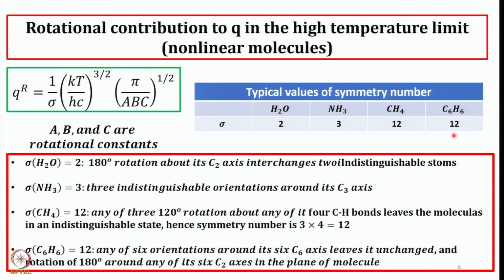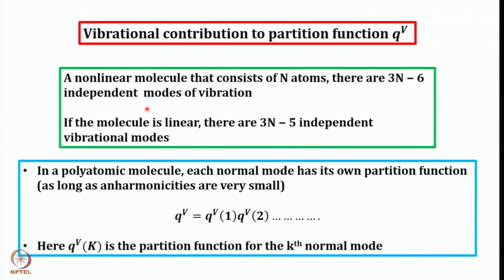If you carefully examine this equation, k is constant, h is constant, sigma is constant for a molecule, c is constant, and if you fix temperature, pi is constant, that means the rotational contribution will depend upon A, B, C. And what is B? B is h cross by 4 pi cI. I is equal to mu r square. That means you need the bond length and you need the reduced mass. With that kind of information, you can calculate the rotational contribution.